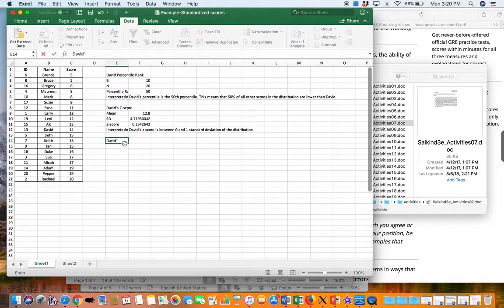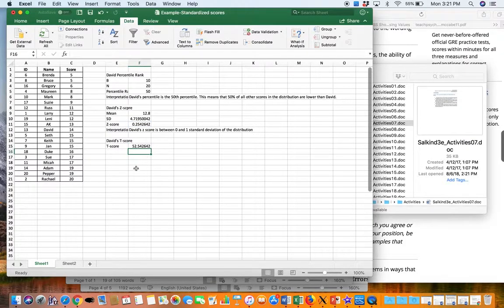Now, David's t-score. This is a simple linear transformation where you take the z-score, multiply that by 10, and add a constant of 50.